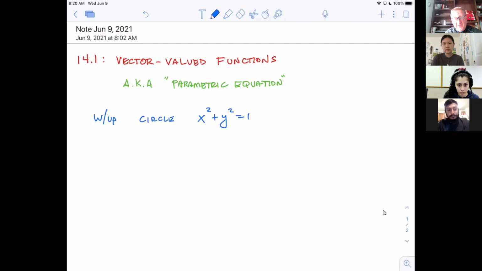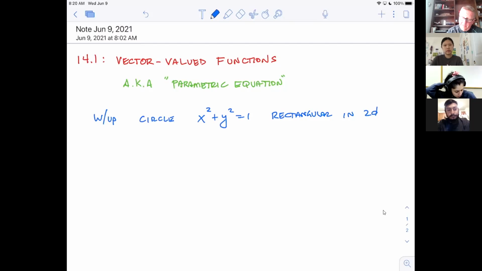In other words, if you have this rectangular version of the circle in 2 dimensions, because we just have an x and a y, then if a person wanted to write that as a parametric equation, according to a parameter, or rewrite it as a vector valued function, how do you do that? In other words, how do you get t's involved?